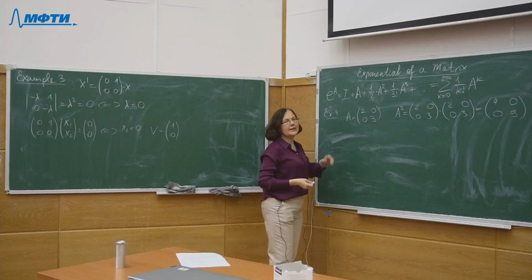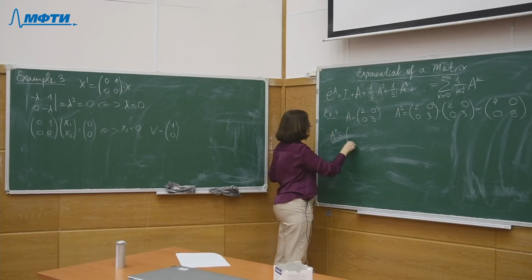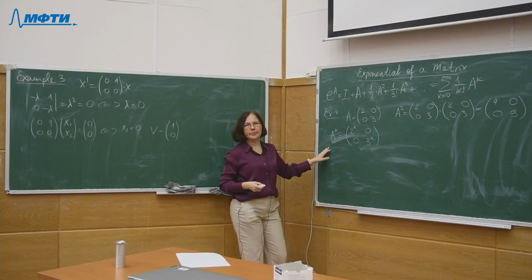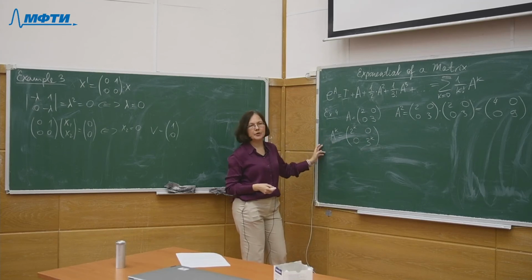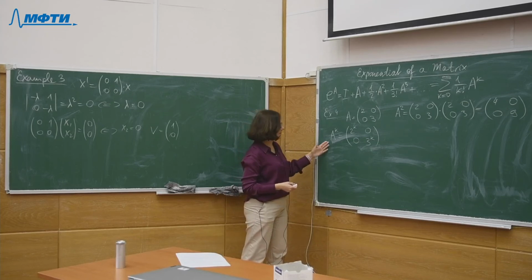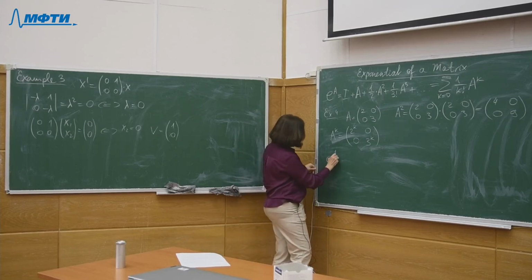Since A is a diagonal matrix, A to the power k will be 2 to the power k, 0, 0, 3 to the power k. This is true only for diagonal matrices, not for any matrix, because we need to multiply two matrices. Then what is e to A?